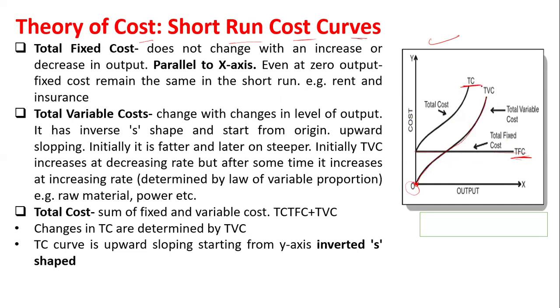Our total cost starts from the fixed cost, and then it increases. Let's understand: total fixed cost does not change with an increase or decrease in output. Whether we increase or decrease output, there is no change in fixed cost, and it is parallel to the x-axis.